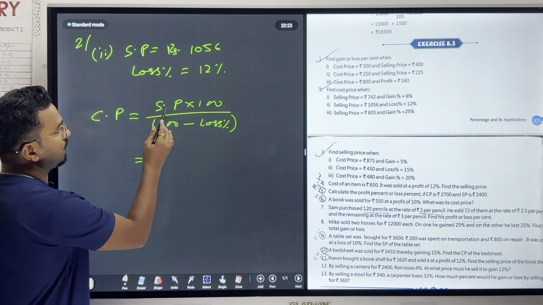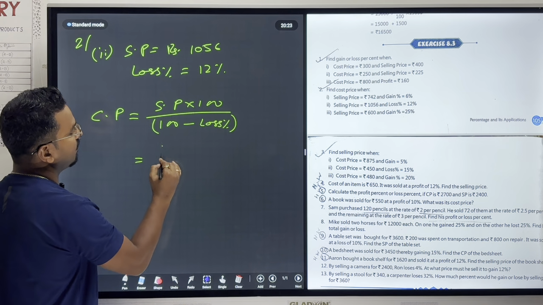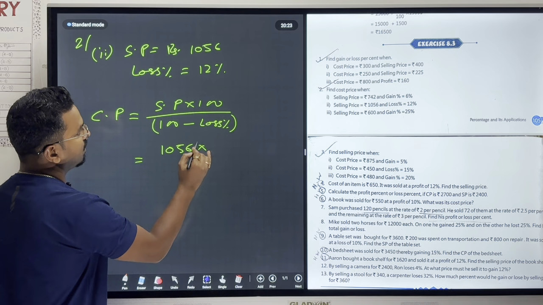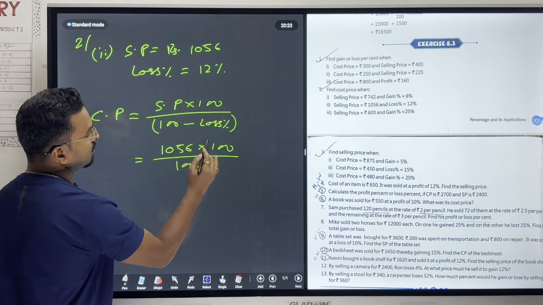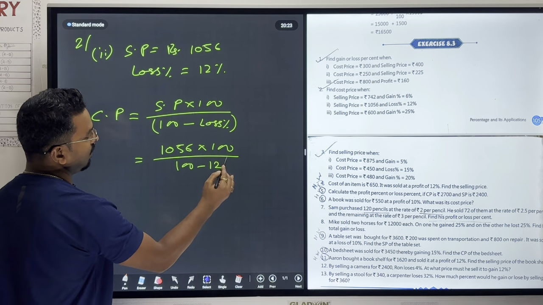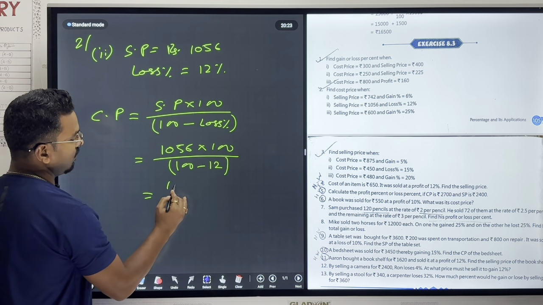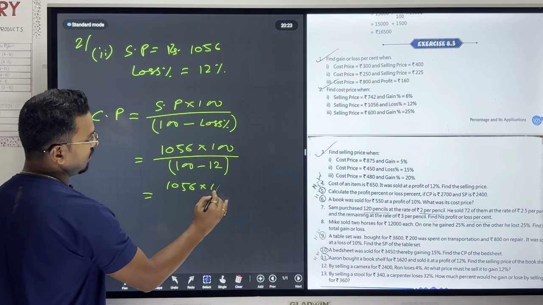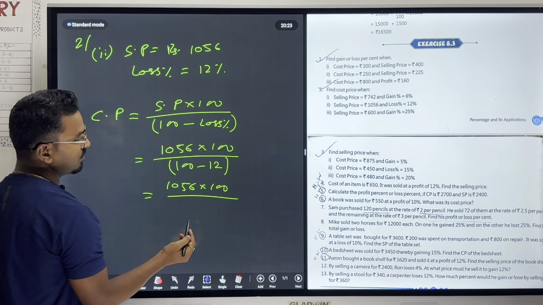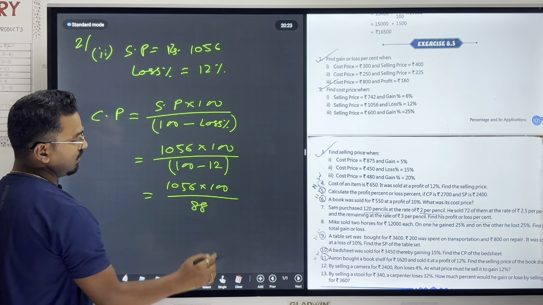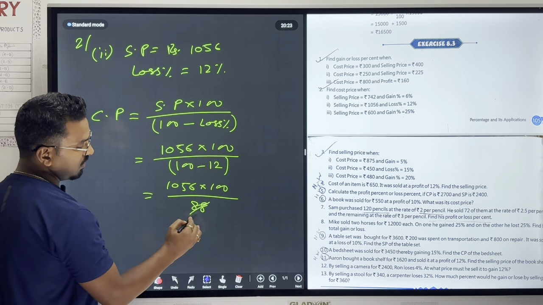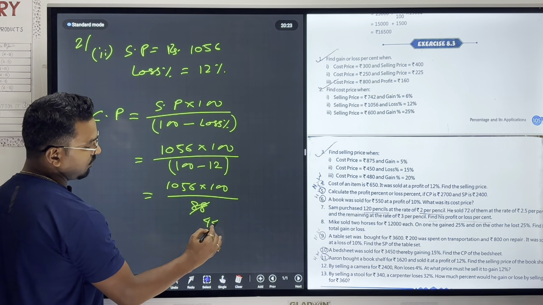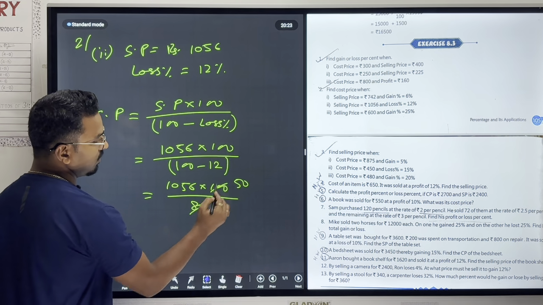Okay. So what is the selling price? Selling price is given 1056 into 100 divided by 100 minus what is the loss percent? Loss percent is 12. So 1056 into 100 divided by, if you subtract it, you will get 88. Okay. So if you cancel it by 2, it will become 44, and this will become 50.